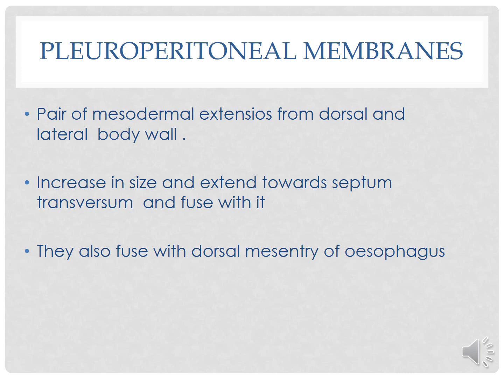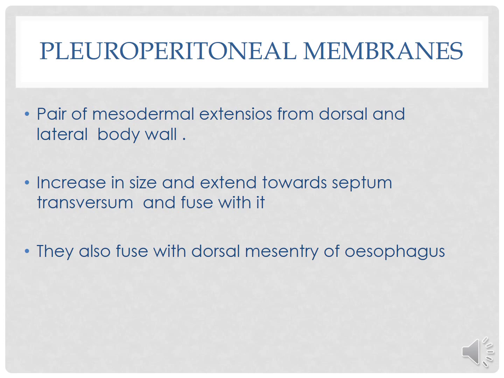We already know the peritoneal cavities are the caudal extension of the pericardio-peritoneal canal, and the pleural and peritoneal cavities are separated, apart from the septum transversum, by a pair of mesodermal extensions from the dorsal and lateral body wall in the transverse plane. These membranes increase in size and approach the septum transversum because they have to fuse with it, as we need a complete separation between all these cavities.